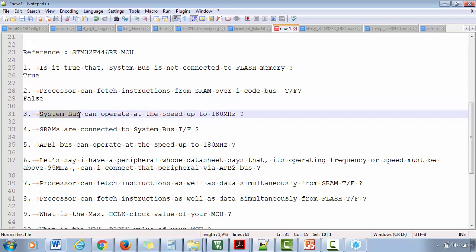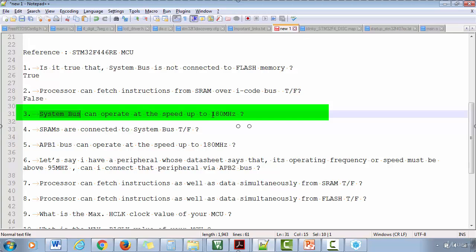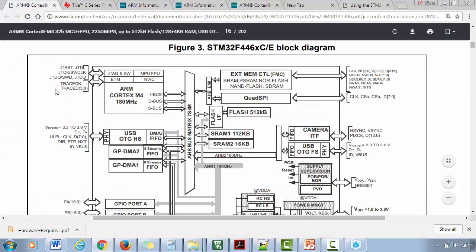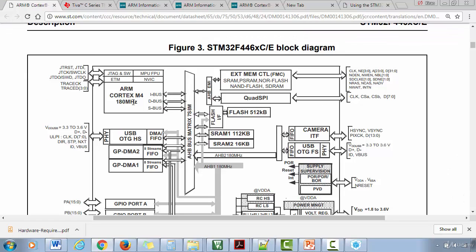Next: the system bus can operate at speeds up to 180 megahertz. The answer is here: 180 megahertz, that's true. The Cortex processor can run up to a speed of 180 megahertz, so that means the system bus can also run up to 180 megahertz.